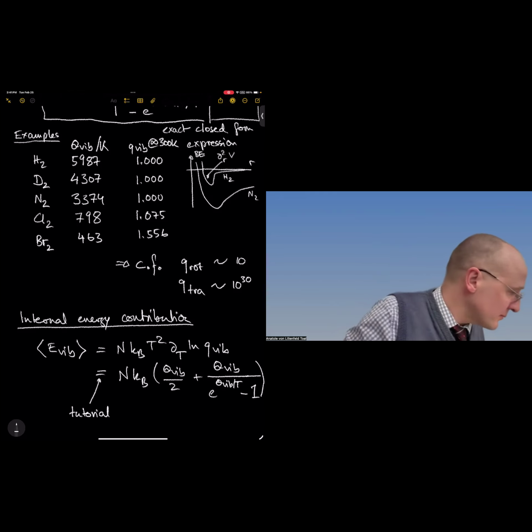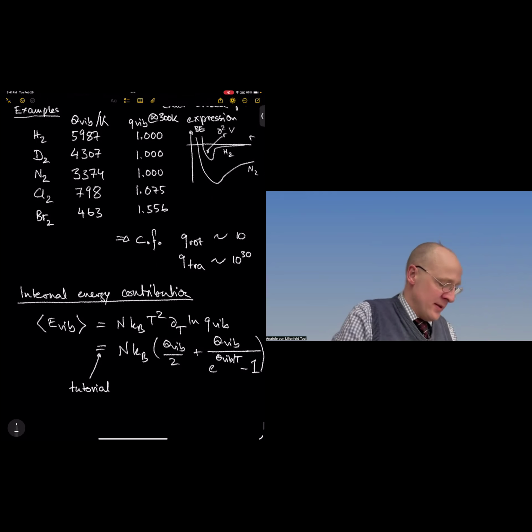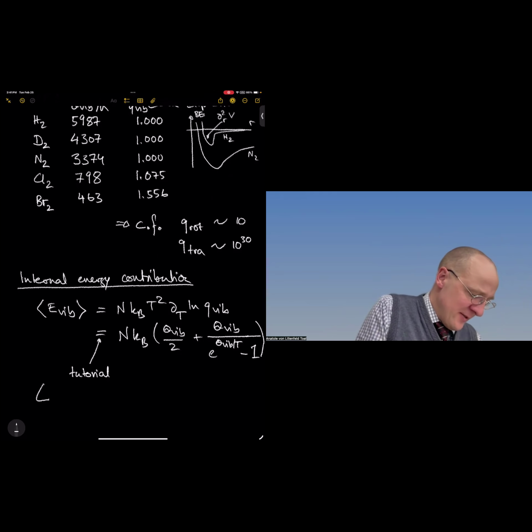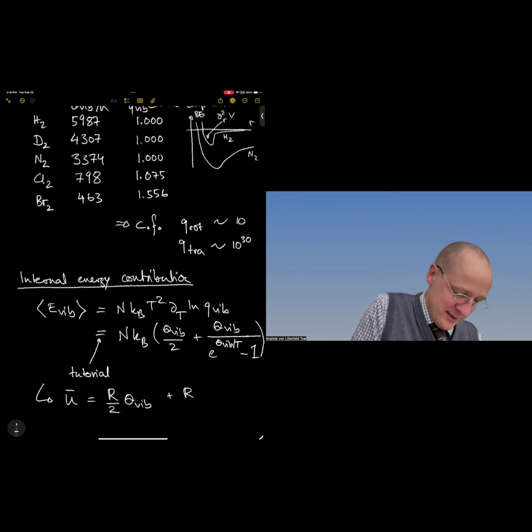Okay. So this again, then for the molar energy results in your gas constant over 2 times theta vib plus gas constant times theta vib, and now divided by e to the theta vib over T minus 1.